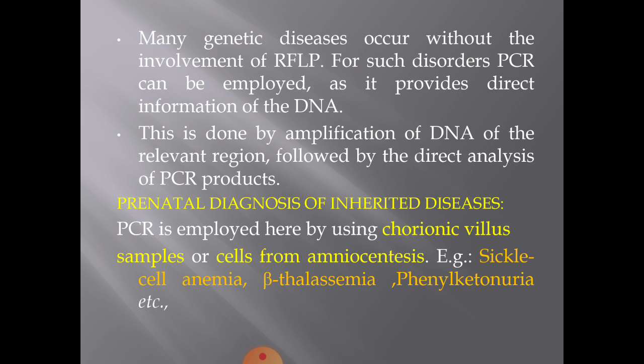Heritable diseases like sickle cell anemia, beta thalassemia, phenylketonuria, etc. can be diagnosed prenatally by using the PCR technique. So, prenatal diagnosis of inherited diseases is possible by PCR technique.